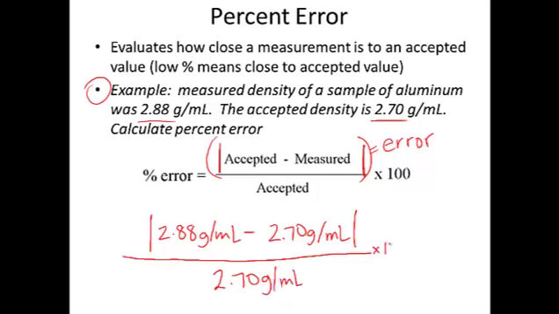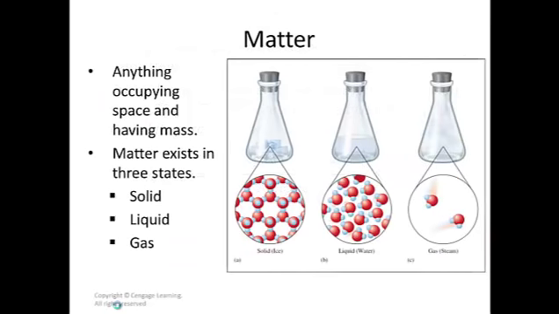Then you take that times 100. You end up getting 6.67% error. Now, a side note here is that each of these terms has 3 significant figures, so I have 3 significant figures in my answer. So again, close to 0 is a good percent error. It's a low value.